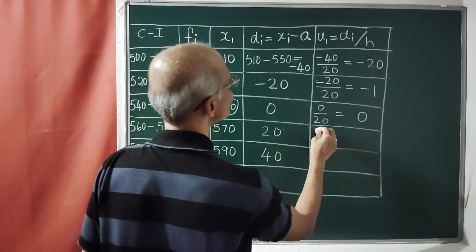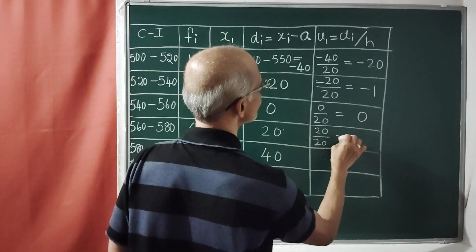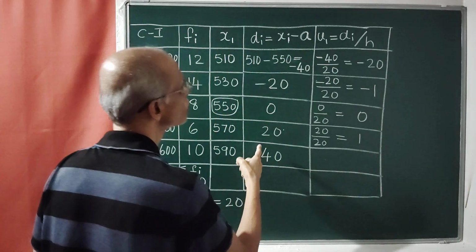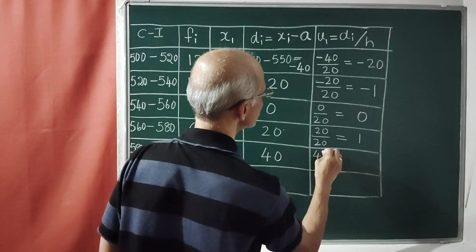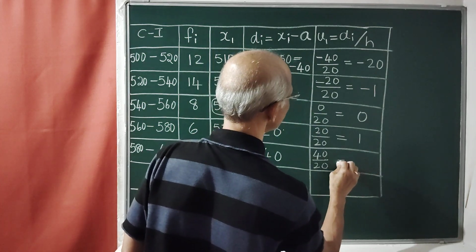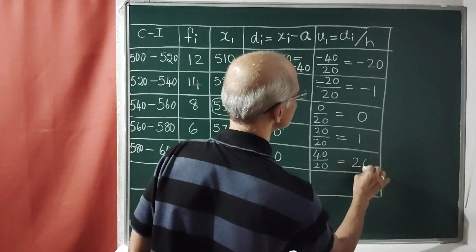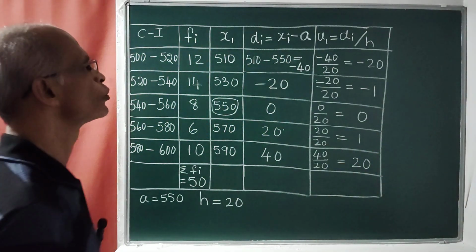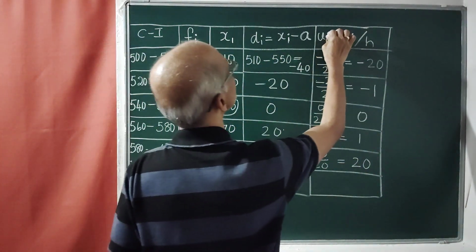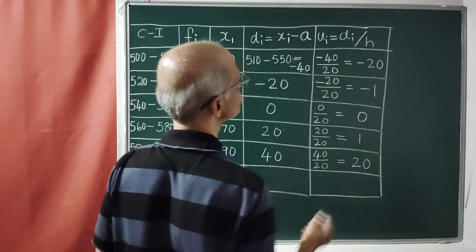Next 20 by 20, we get 1. 40 by 20, we get 2. So the value of ui: minus 2, minus 1, 0, 1 and 2.